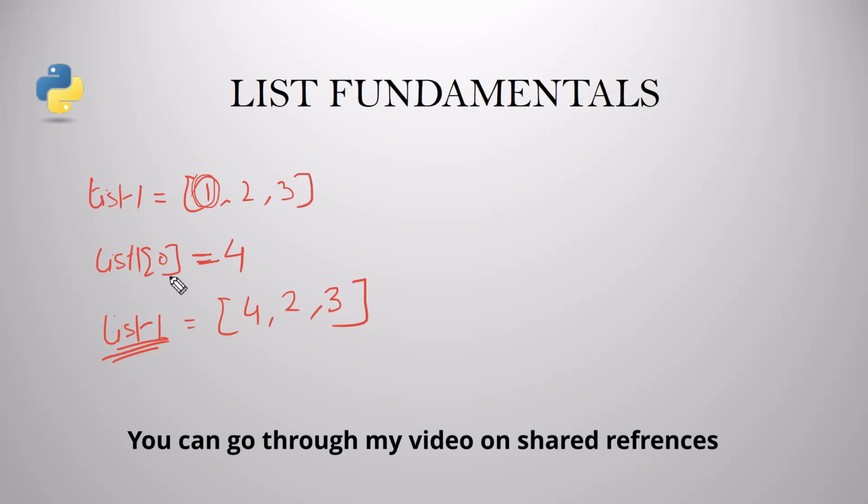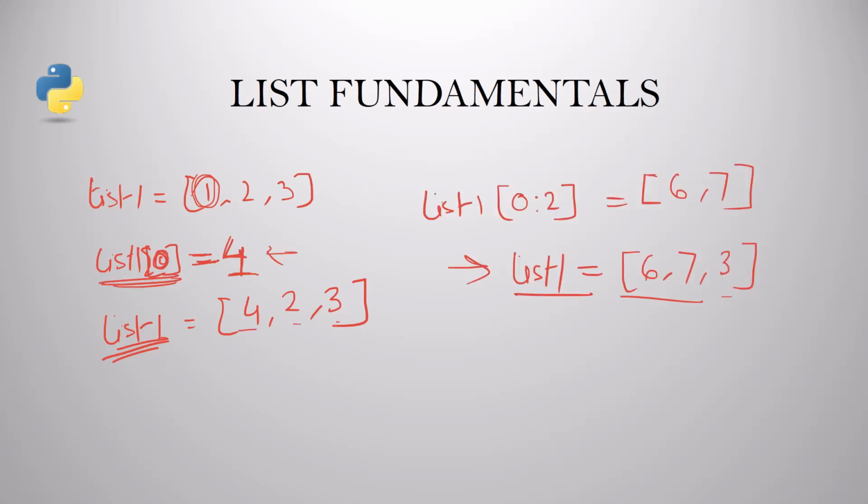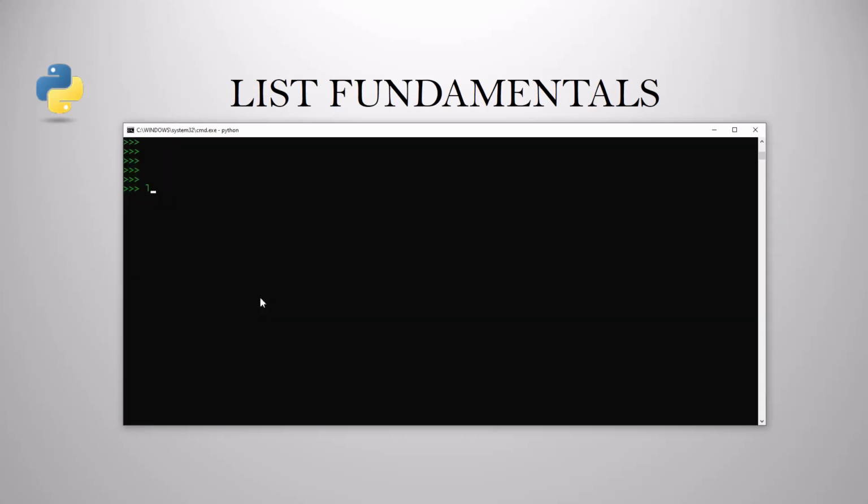As we know, Python deals with only object references. So if you change an object in place, you might impact more than one reference to it at the same time. Let's see this in the interpreter. Here we have L1 equal to 1, 2 and 3.